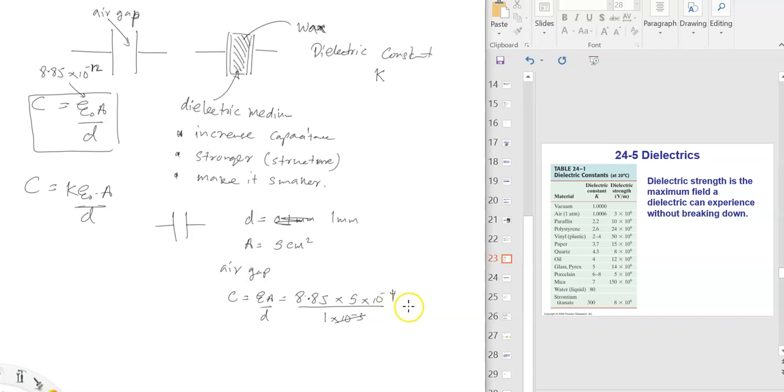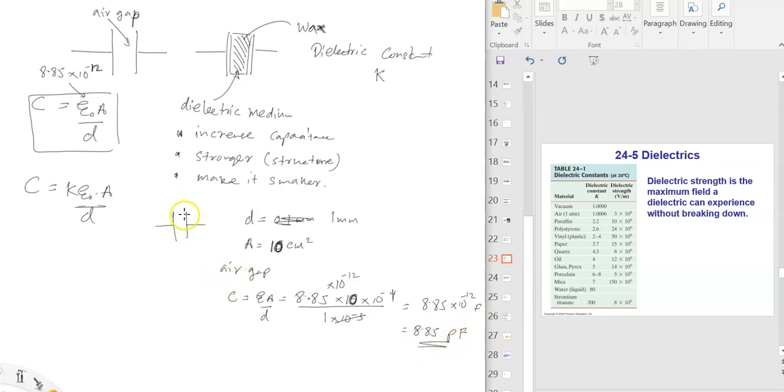Since I don't have the calculator, I'm going to make it easier. Gives me 8.85. I'm sorry, guys. Missing 10 to the -12 here. 10 to the -12 farads, or 8.85 picofarads.